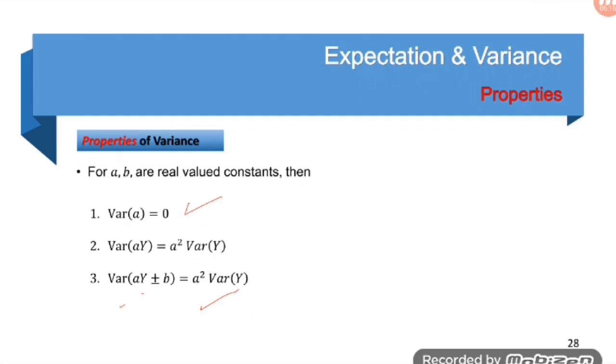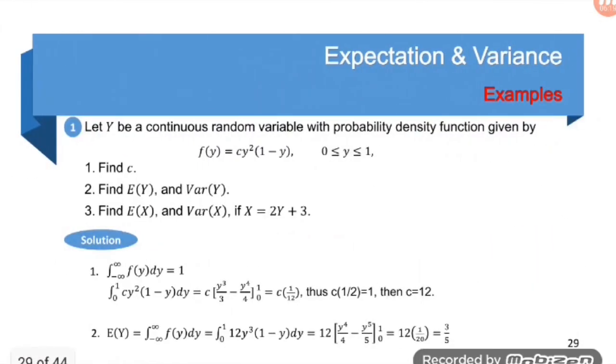Now move to discuss some exercises over the expectation and the variance. Here we'll start with example number 1, and I just want to inform you that all examples in the lecture slides are answered, but I will answer them with you. Let y be a continuous random variable with probability density function given by this form.